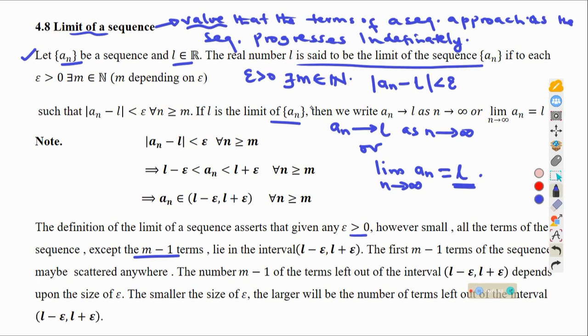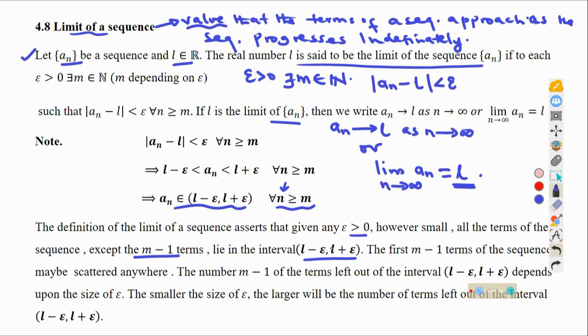So the other terms before m, that is m minus 1 terms, will actually be scattered anywhere but will not lie within this given range of L minus epsilon and L plus epsilon. The terms that lie within this are the terms that satisfy this given expression for which you are taking n greater or equal to m.